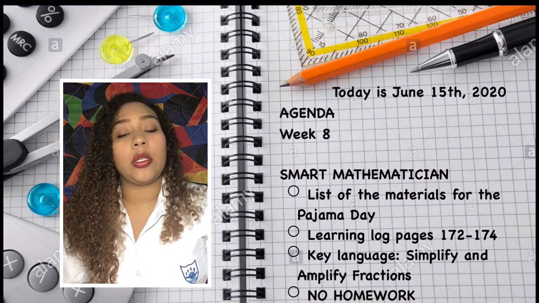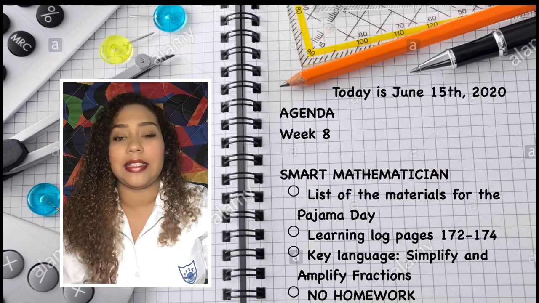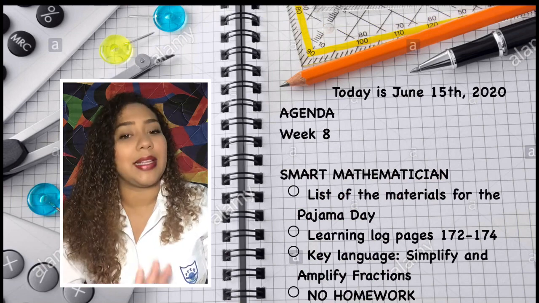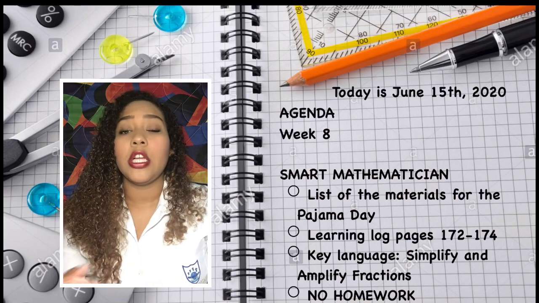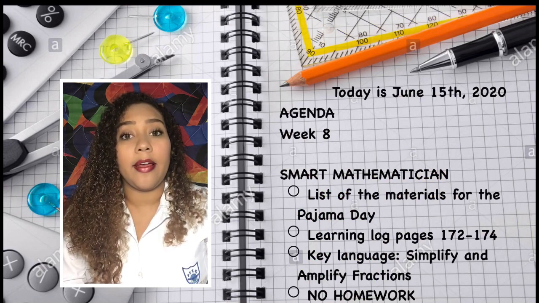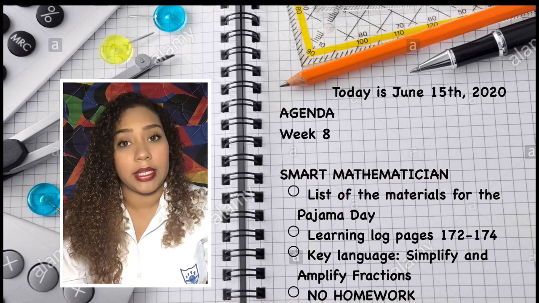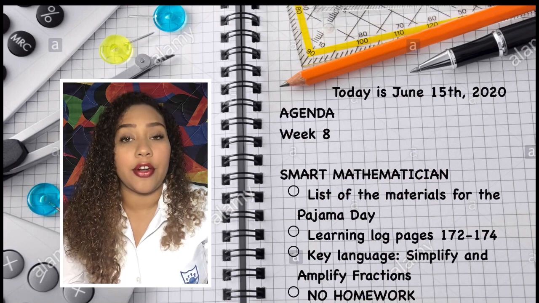I included the list of the materials that you will need to make a small creative activity for pajama day. But that's a surprise. I just suggest you try to search for these materials. They're not too many, and you probably have them at home, so you don't have to buy anything. Remember to try to use recycled things that you have in your house.